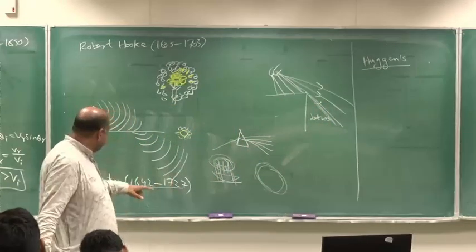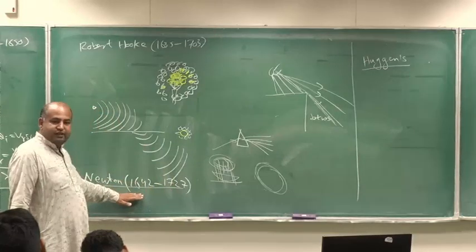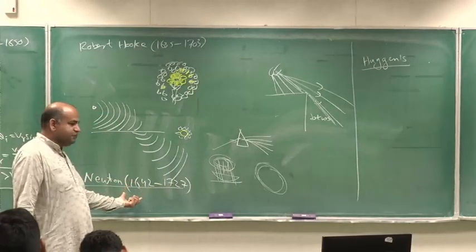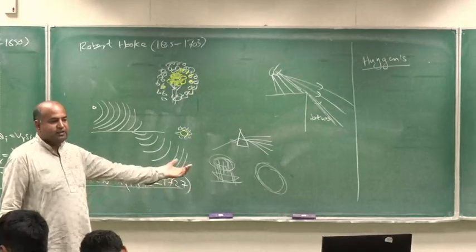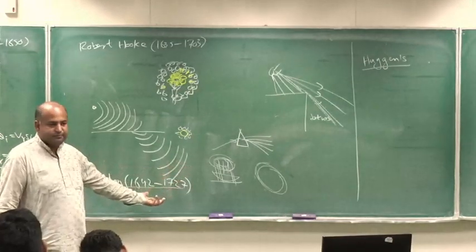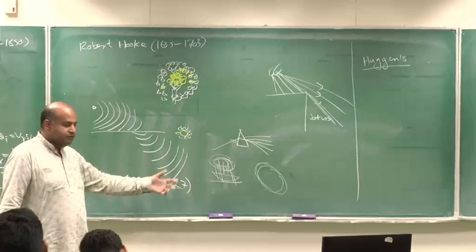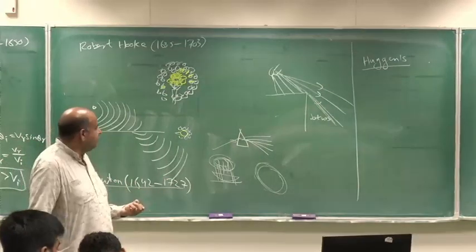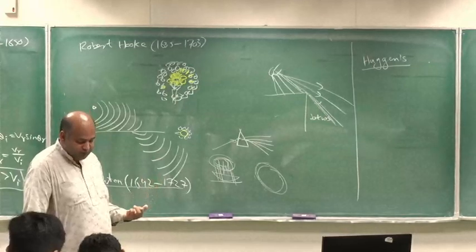Even though Newton himself, as I have said, never rigidly adhered to the particle nature. He only had a view that it explains more experimental facts than the wave theory does. That's it. But followers of Newton were actually more rigid adherents of the particle theory than Newton himself.